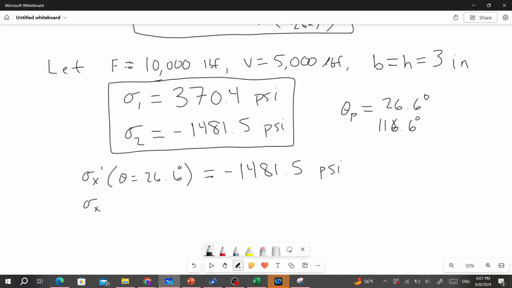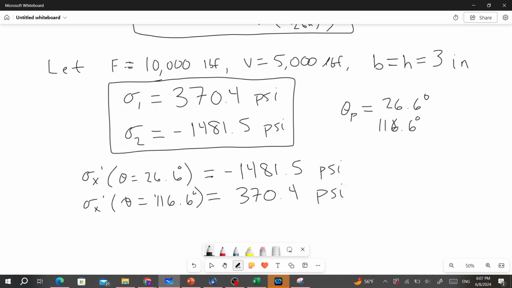And if we did the same thing, we know what's going to happen now for our other angle, 116.6 degrees. If we were to calculate sigma x prime at 116.6 degrees, we're going to get that sigma x prime is equal to 370.4 psi.